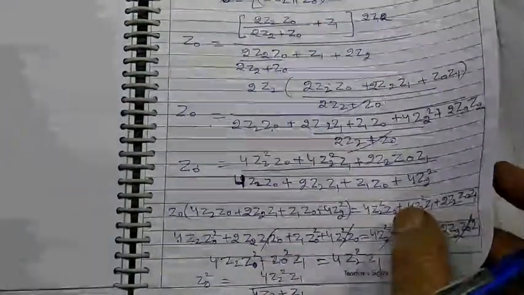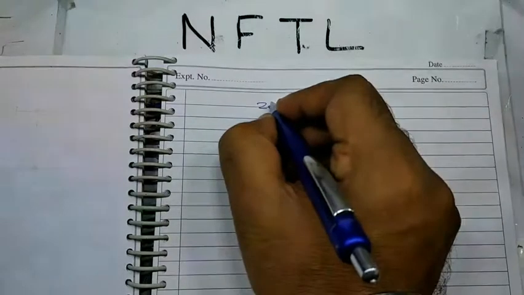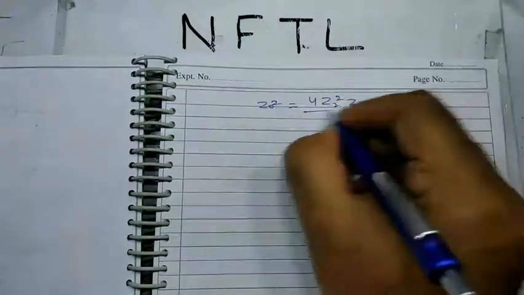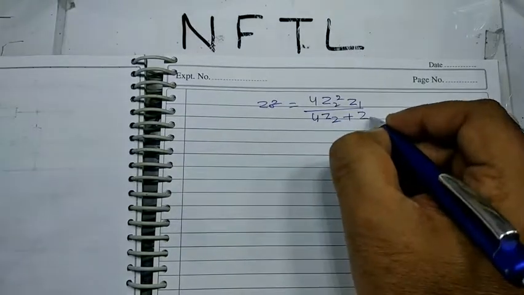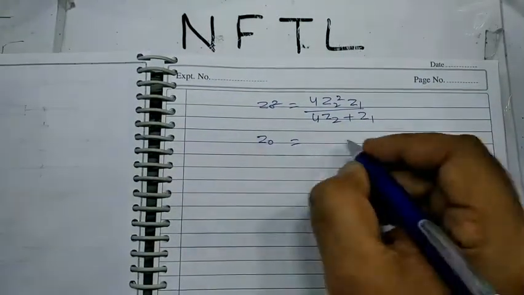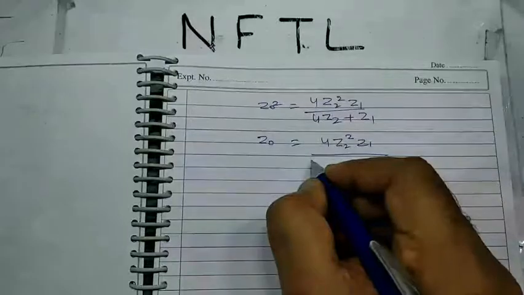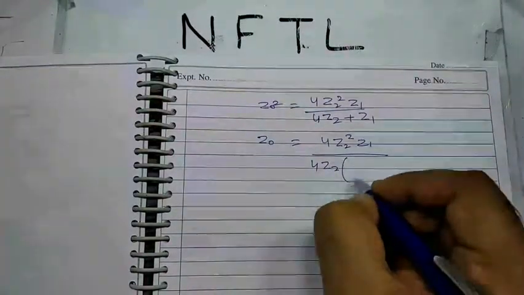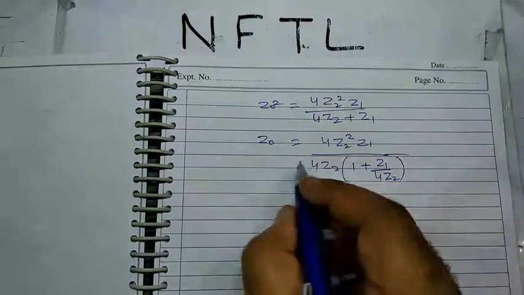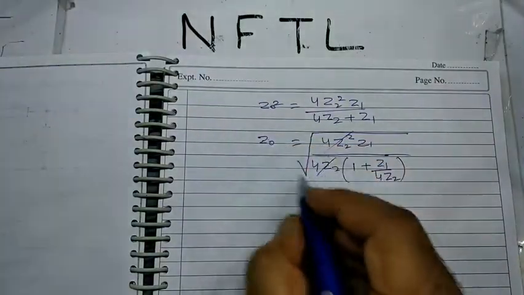Now the characteristic impedance becomes ZO square is equal to 4Z2 square Z1 upon 4Z2 plus Z1, or in other terms, ZO is equal to the root of 4Z2 square Z1 divided by 4Z2 common, 1 plus Z1 by 4Z2. So 4Z2 square, 4Z2 square is cancelled, and this is under the root as we have removed the square on this side.